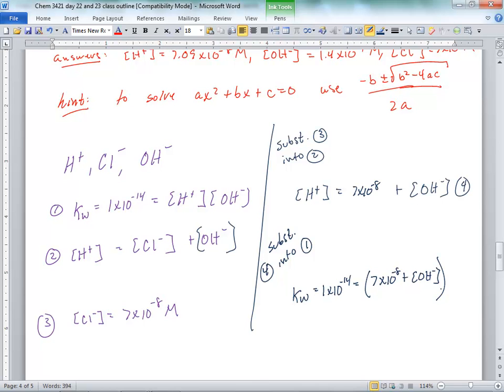And then that's the hydrogen ion concentration. You have to multiply it times hydroxide again. Right? If I substitute it in. Okay. Now I have 1 equation with 1 unknown in it.